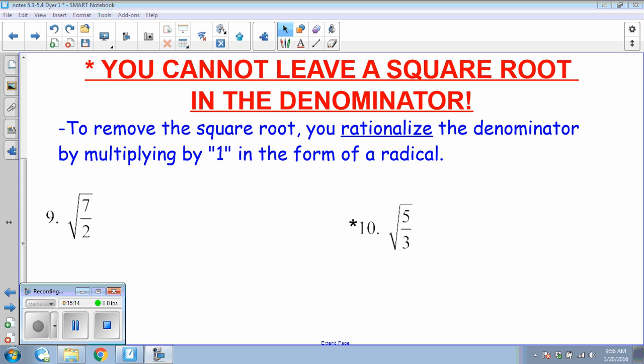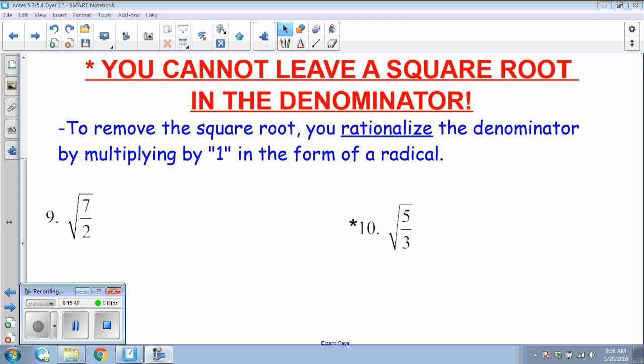If you take any square root and multiply it times itself, the square root goes away. Square root of 2 times the square root of 2 is equal to the square root of 4, which is 2. The square root of 3 times the square root of 3 is the square root of 9, which is 3.